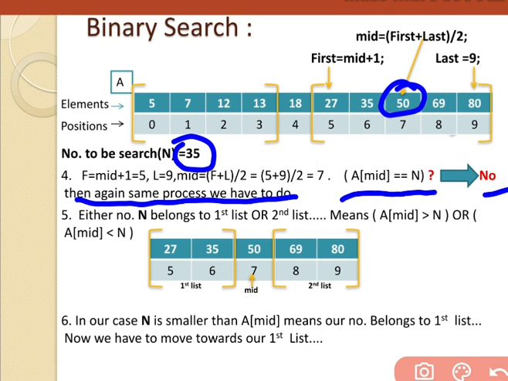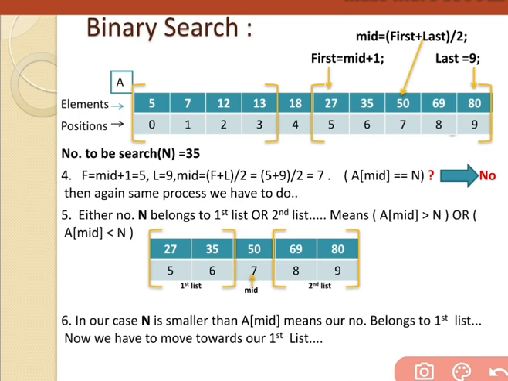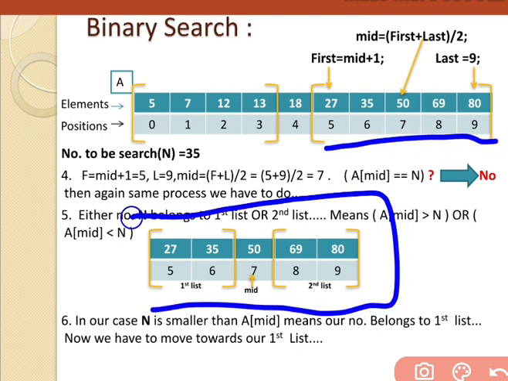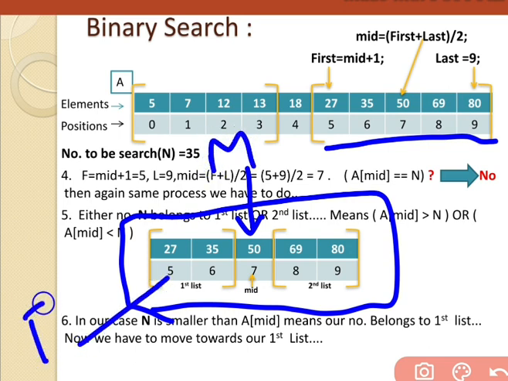We have to split the list into two parts, and go through the same process till we get that element. And now we have a list, this one, which I created for you all. We already have the mid element here, the first element here, and the last element here.